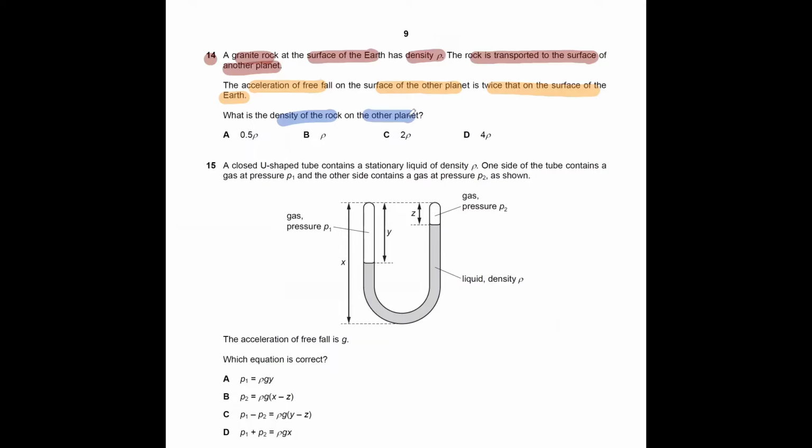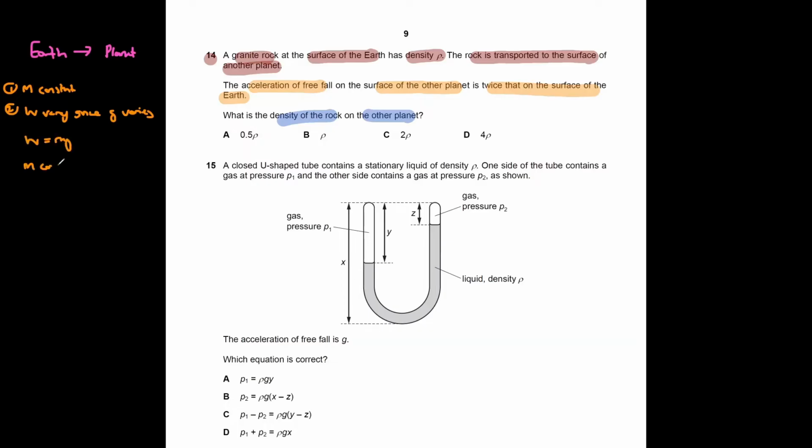Okay, so now in our case, when you go from, say, Earth to another different planet, which is not specified, the mass by right should remain constant. The weight will vary since g varies, because weight is equal to mg.